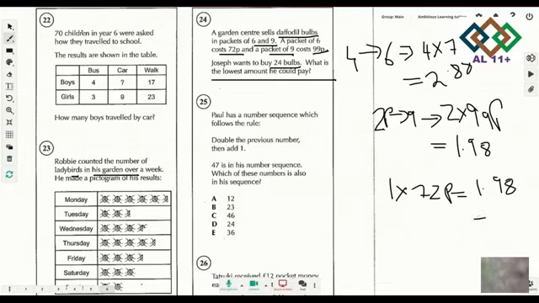You just need to add 72 to £1.98. Sorry, not subtract, add 72 to it. That will give me £2.70.